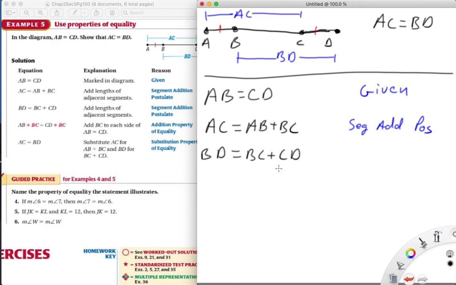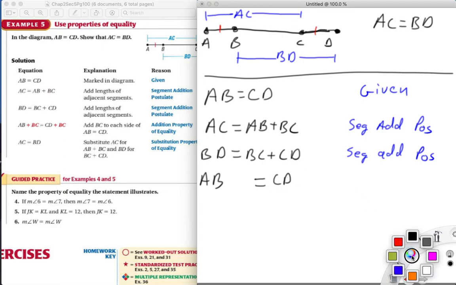If we go back to our initial given statement, again, this is the segment addition postulate. If we go back to our initial statement, and we have A, B, and B, C. They're kind of missing a step here, but that's fine. We can say we have our AB. This is our first given statement. We have CD.